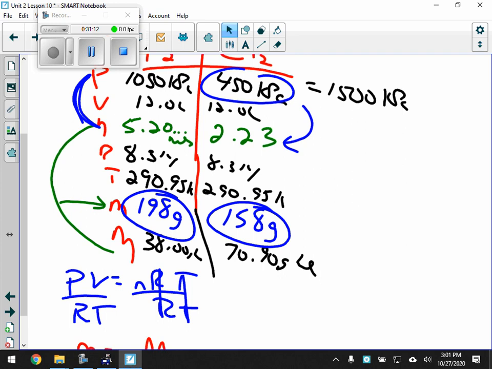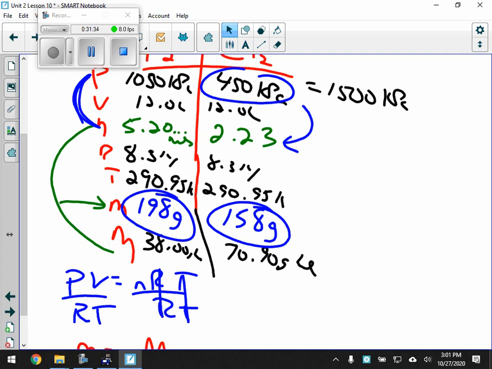I could do the exact same thing I did with the other one. I could take 450 divided by 2.23, find out that ratio, whatever that number is. It's going to be the same number as 1050 divided by 5.20. Of course, you'd have to use the total unrounded numbers, and I didn't do that. But they'll be the same.